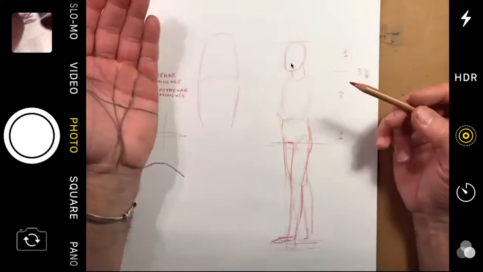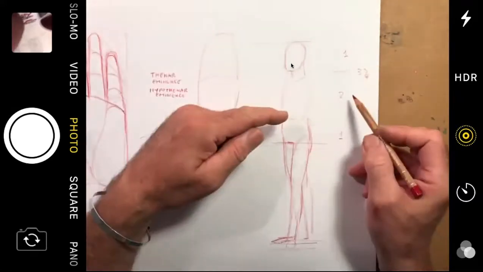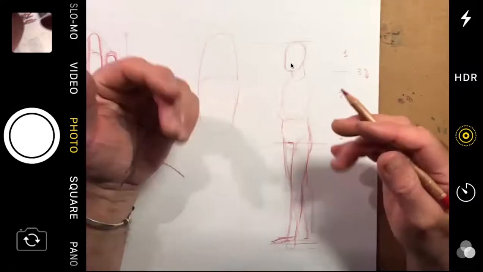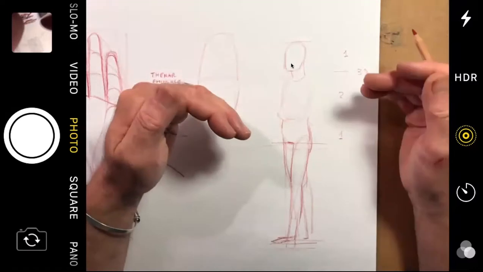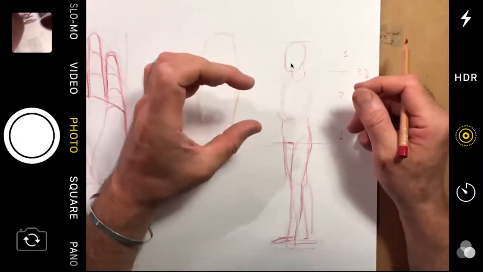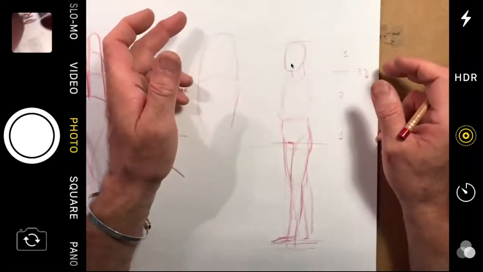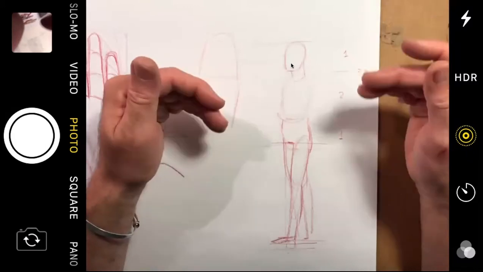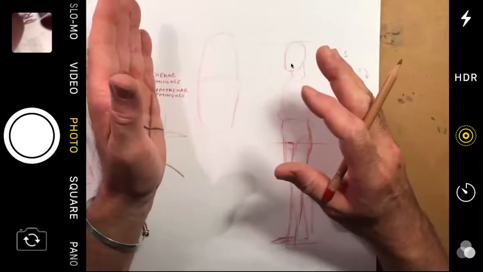My model's first segment is not 4, it's 3 3/4, or 4 1/4, a little bit more. And the legs are a little bit longer. But you have a parameter, makes sense? You have a method that you can apply to your model and see the variation of the specific in relation to the typical.